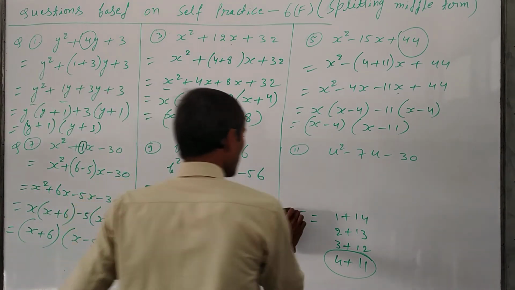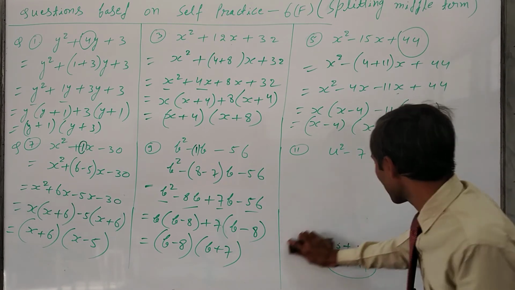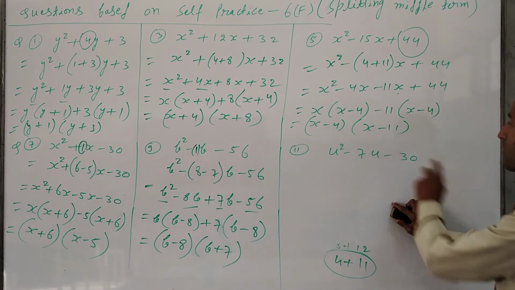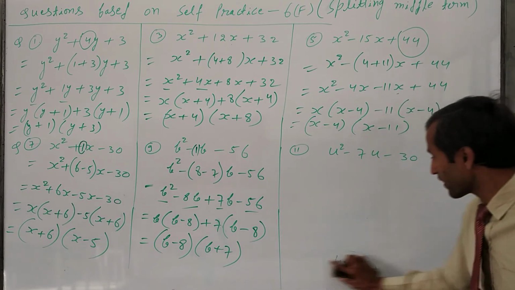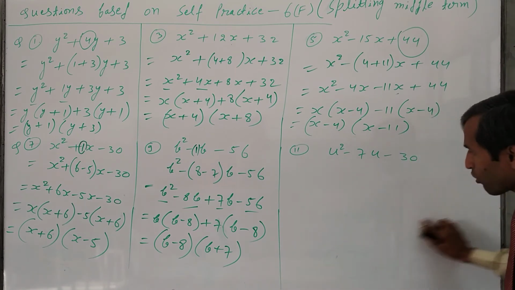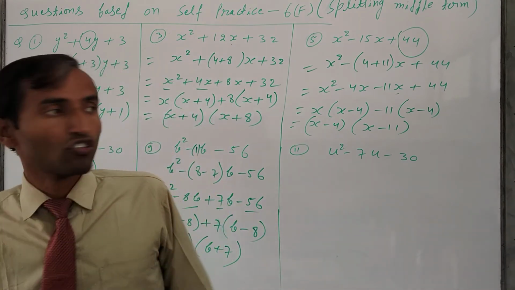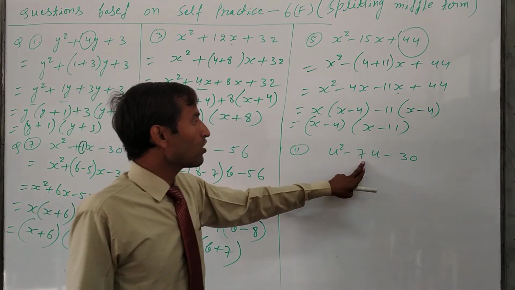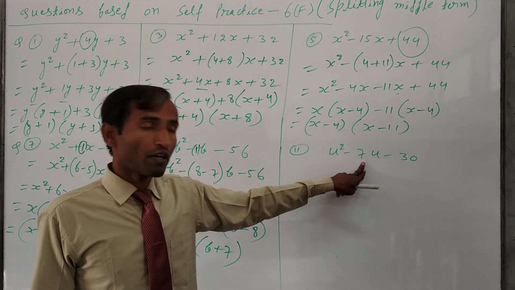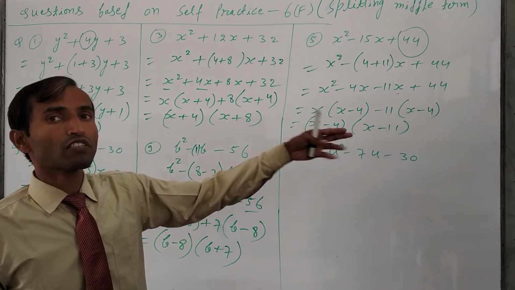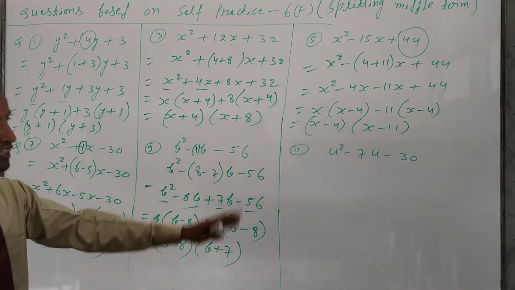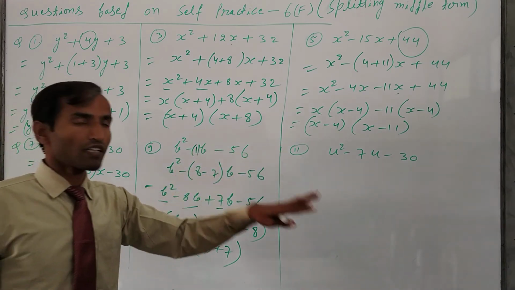Now the last one, this one is 11. In the 11th question, u square minus 7u minus 30 is given. Again both places have a minus sign. So no need to worry about this minus sign. Just think about what we should write in place of 7 in two terms. Maybe subtraction, maybe addition, but in this case it will surely be subtraction only.